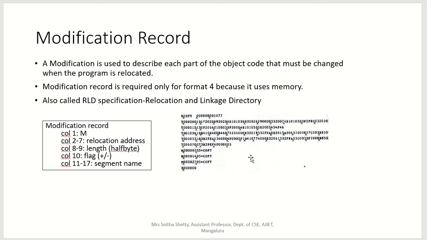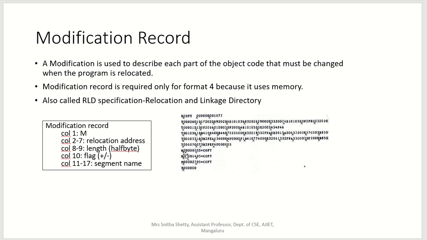The last 20 bits are related to the memory, whereas the others are related to registers. So when a program has a format 4 instruction, the relocation is mentioned through a modification record.